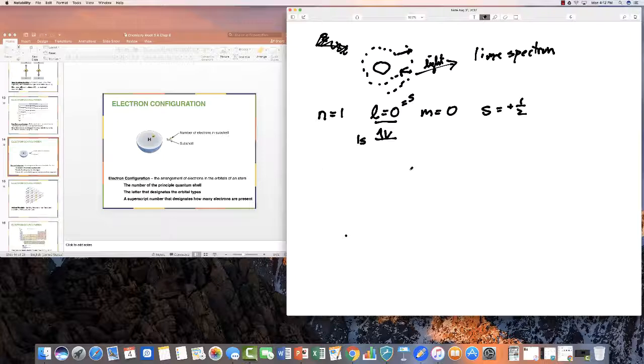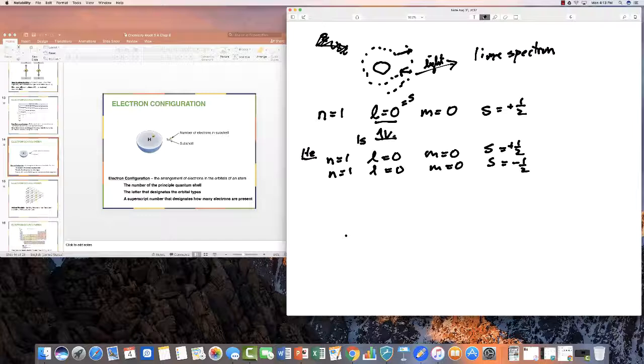We'll talk about that in just a second, but let's take helium, which is the next element on the periodic table. It has 2 electrons. One electron's quantum numbers are exactly the same as hydrogen, just what we showed. But the quantum numbers for the other electron differ only in one way, and that is that s is negative 1/2 instead of positive 1/2.